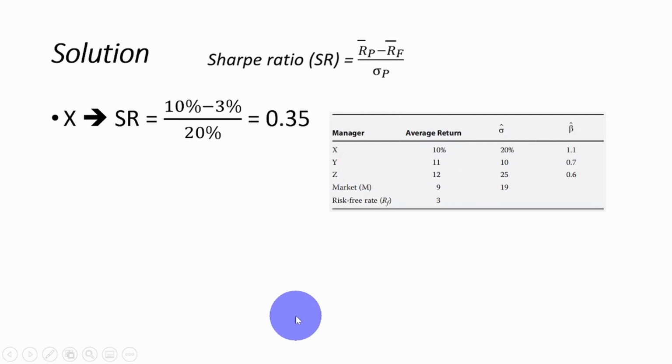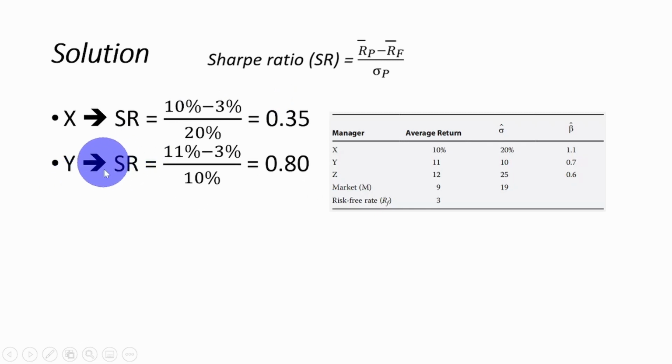Then the risk-free rate is 3%. So 10 minus 3, that is 7%, divided by the standard deviation of the portfolio, which is 20%. If you divide, we have 0.35.